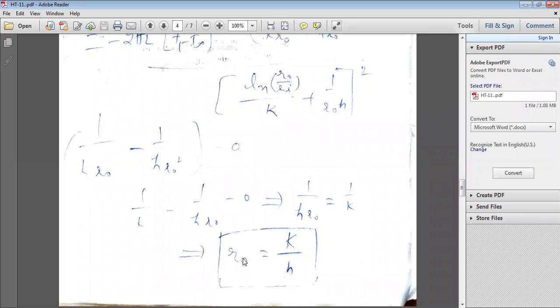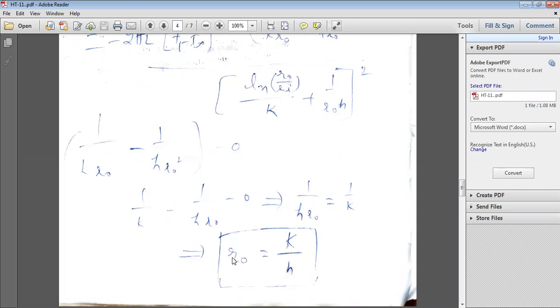What is the outer radius Ro? That is the critical radius. So how much critical radius, outer radius of insulating material, is to be added on a steel pipe to have minimum heat transfer or maximum heat transfer?